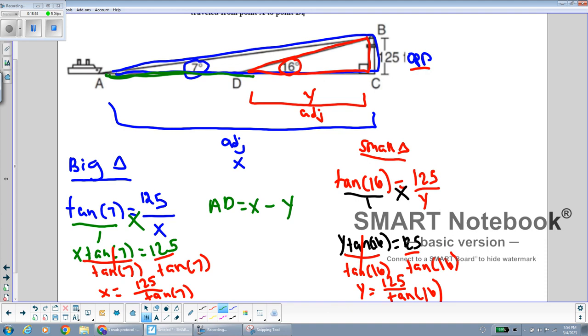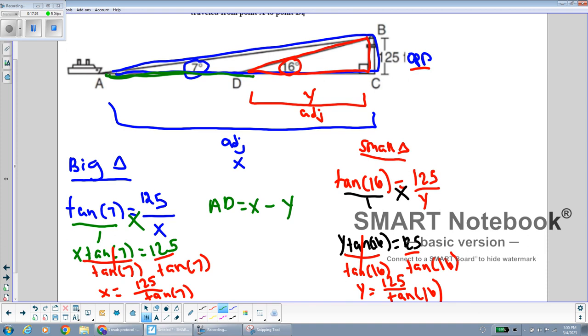So I'm going to do this in my calculator because I have to do x minus y. So x was 125 over tangent of angle 7. So in my calculator, I'm going to type that in, 125 over tangent of the 7-degree angle minus y, which was 125 over tangent 16.